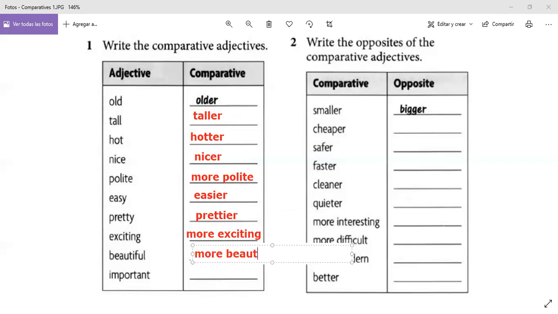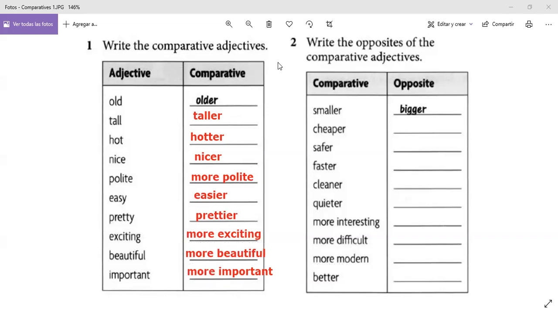And what about important? More important. Very good. Thank you so much. Great. So this is about the comparatives. Try to memorize them.